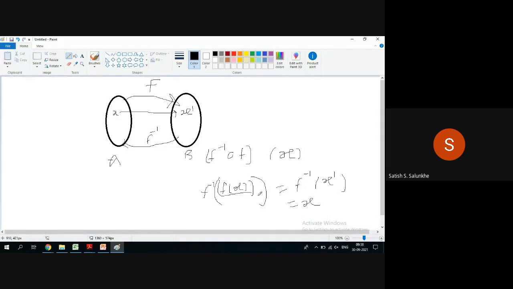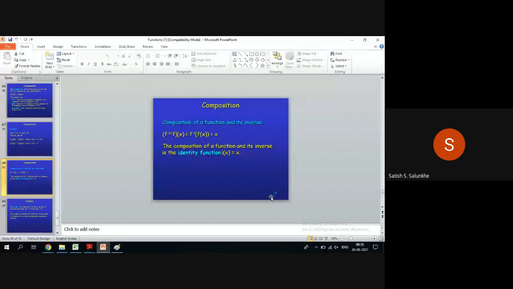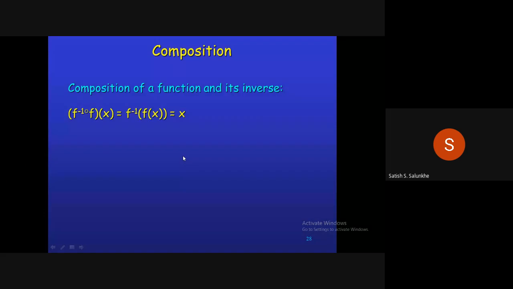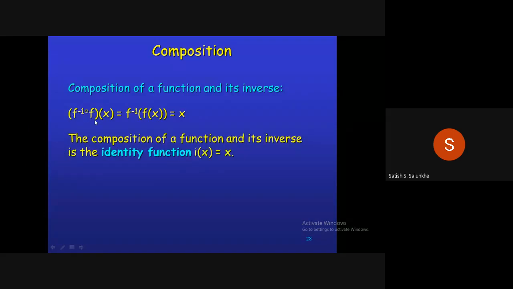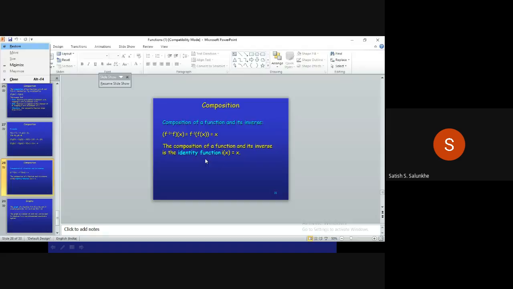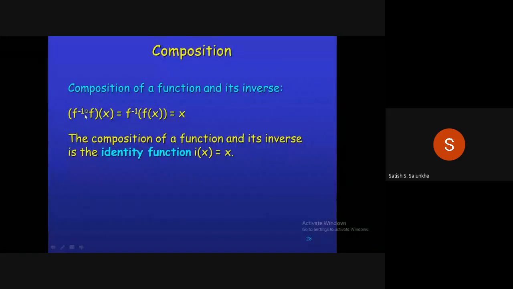So the point that we are discussing at present is the composition of a function and its inverse. If you have a composition of a function with its inverse, we will get the same element back. This composition, F inverse of F, we call an identity function I. Why?